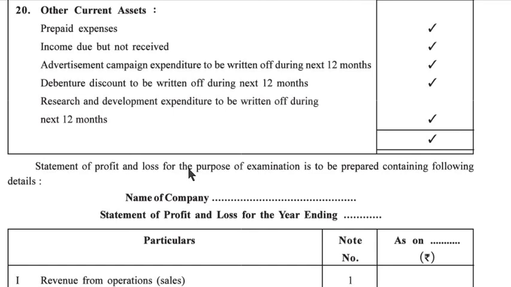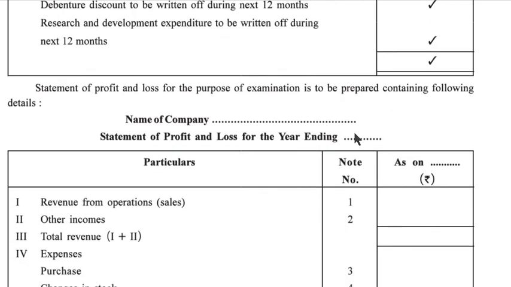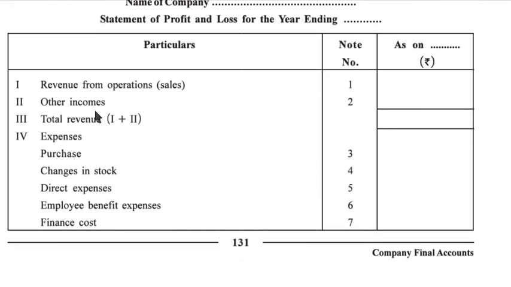Statement of profit and loss for the purpose of examination is to be prepared containing the following details: name of company, statement of profit and loss for the year ending this date. Here write the name of the company. Particulars: revenue from operations, sales, other incomes, and here we have to write the total, 1 plus 2.